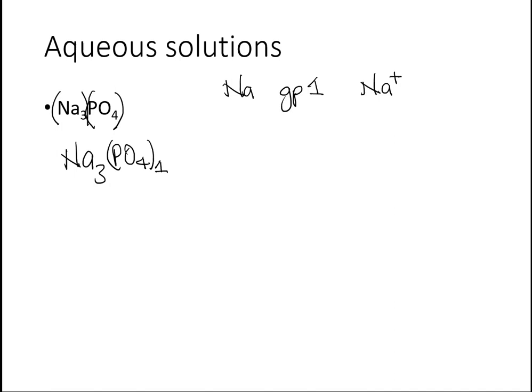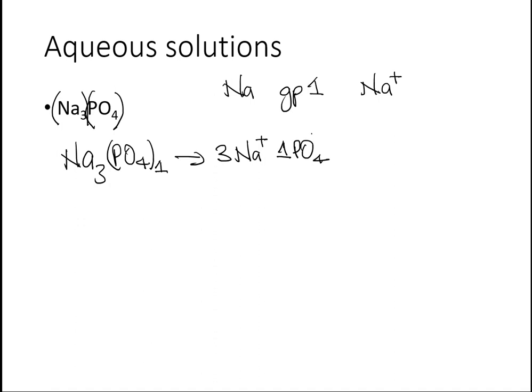So there's 1 phosphate ion in there, but there are 3 sodium ions. So this changes to 3 sodium ions and 1 phosphate ion.